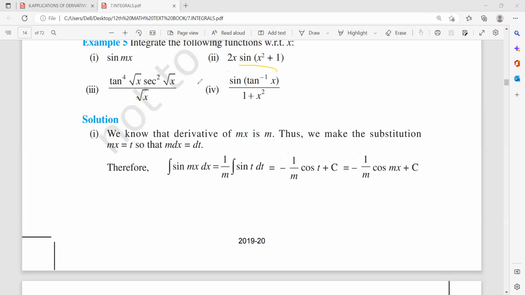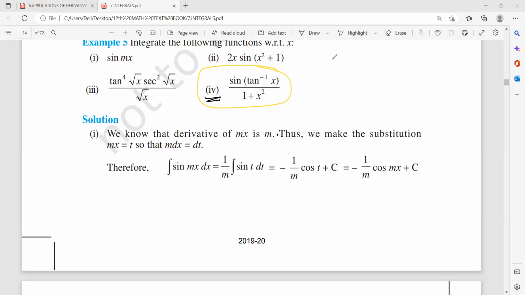What do you take as t in the fourth question?